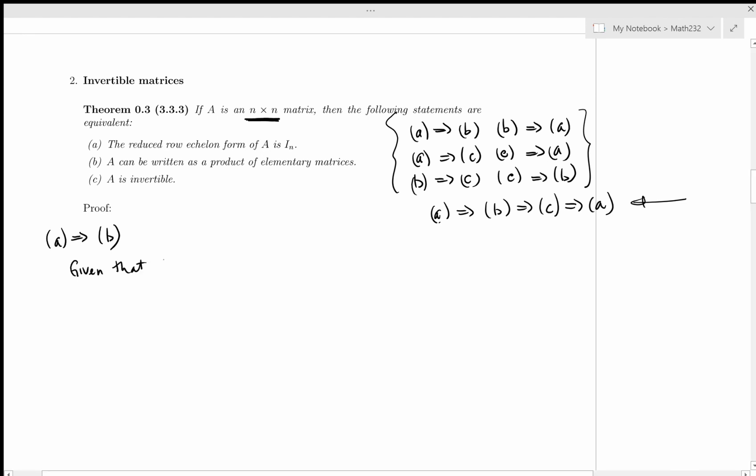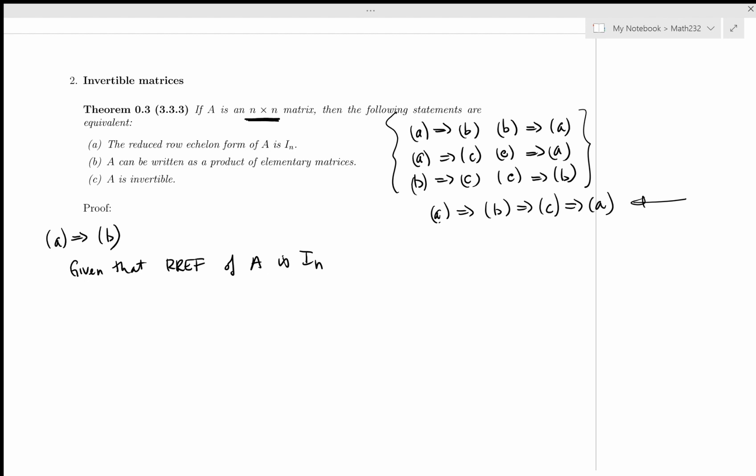Given that the reduced row echelon form of A is I_N, I want to show that A can be written as a product of elementary matrices. That is the thing that I want to show.